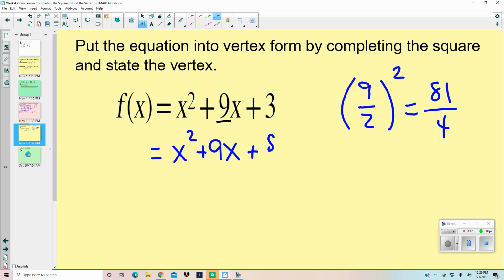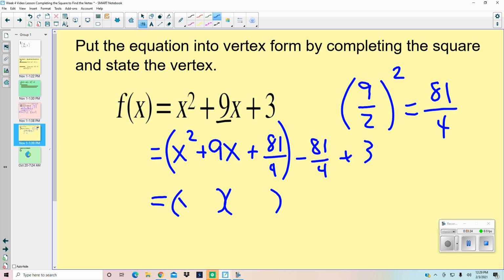So I'm going to add 81 over 4, take it away right away, and then keep the plus 3 out here. So then this part becomes the perfect square, because the factors are going to be x and x, and then 9 halves. Whatever this number is right here that you squared, that's always going to be the number that you're adding, or subtracting if that middle term is a negative.